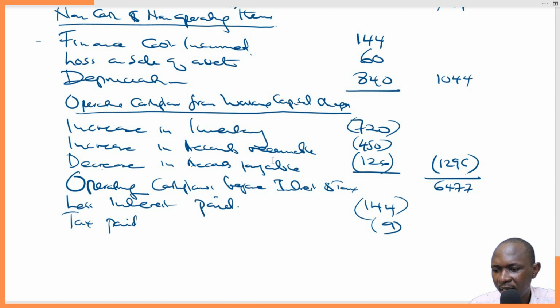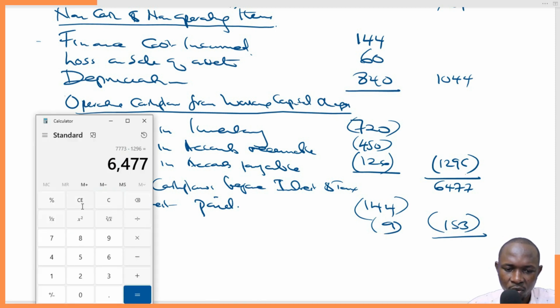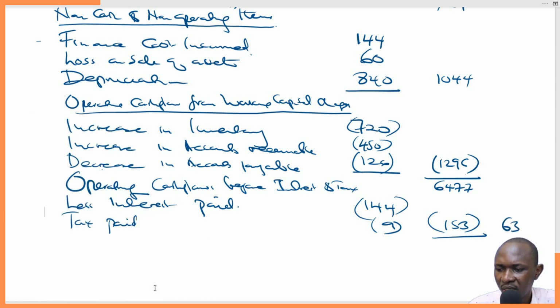So this will sum to 153, and then when you subtract that, you should be able to get the net operating cash flows. So that will be 6477 minus 153. This gives us 6324 as our net cash flows from operating activities.